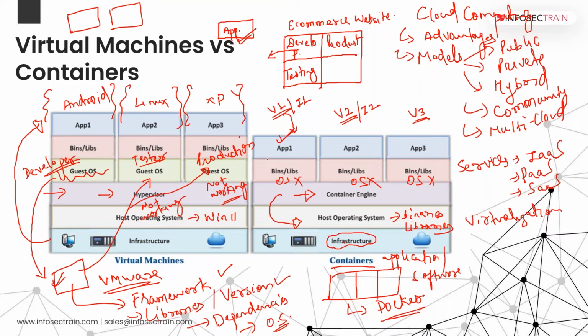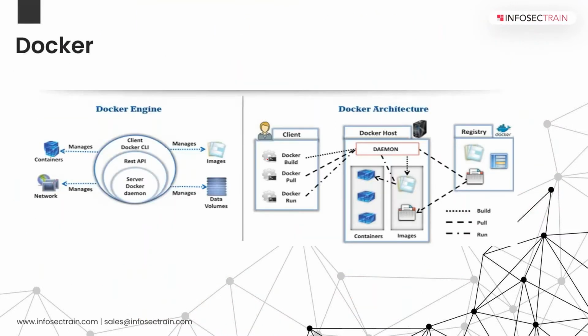Now when we want to define what Docker is, since any user can access the images available at your Docker engine, Docker is an open source technology which will be used for developing, packaging, and running your applications and all the dependencies that are required to create your application in the form of a container.